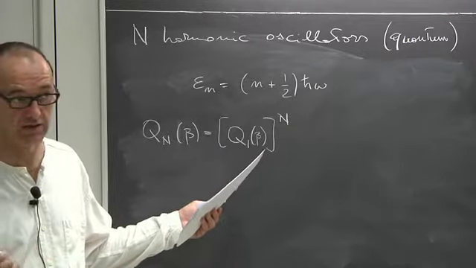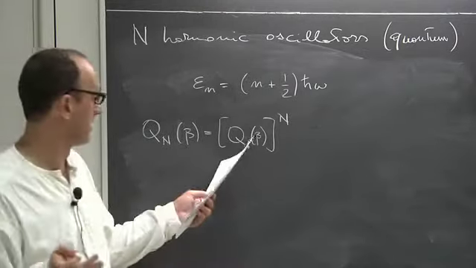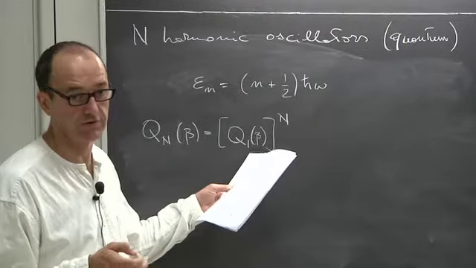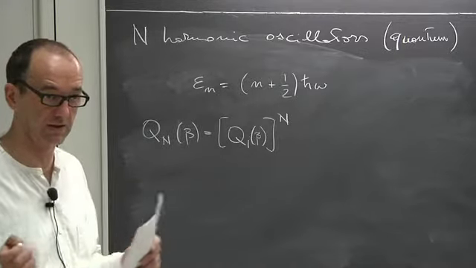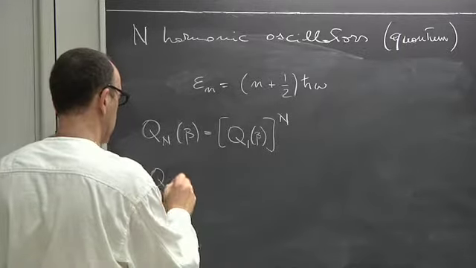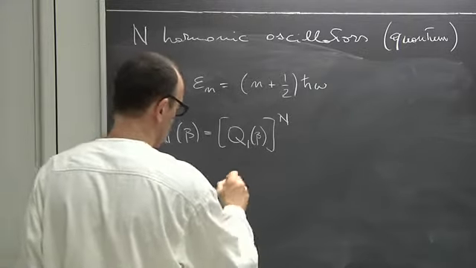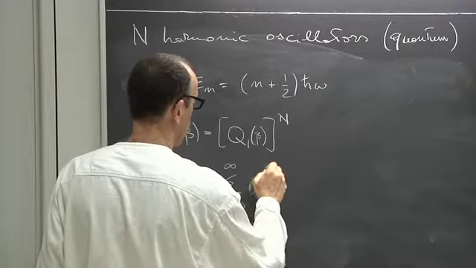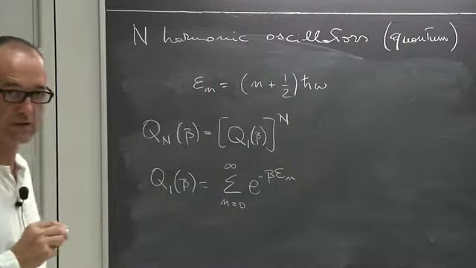So I can always factorize the computation of the partition function over the different oscillators, right? And the partition function of a single harmonic oscillator will be just the sum from n going from 0 to infinity of e to the minus beta times the energy.